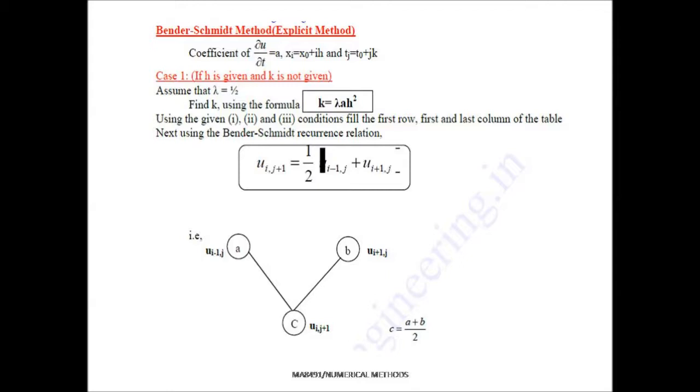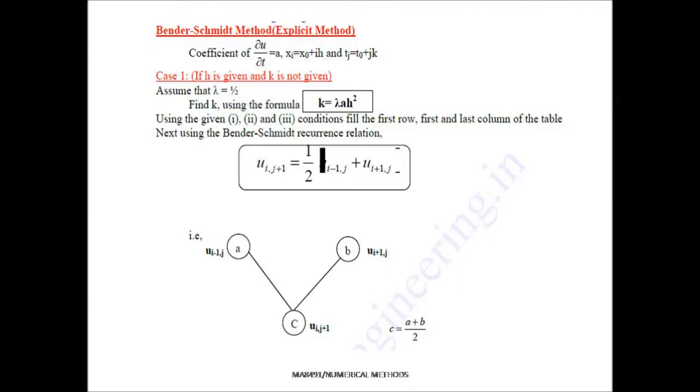That is basically represented in the pictorial form below. See that to find your u(i, j+1) value, we take the previous row values, add them and divide by 2. You are going to get your value in the second row. So this is the first case.